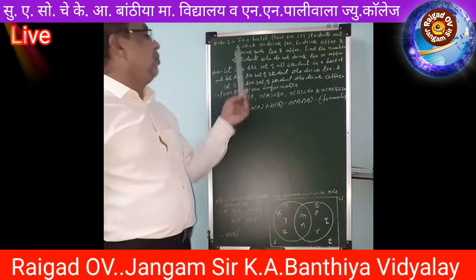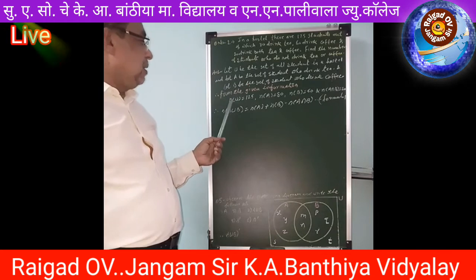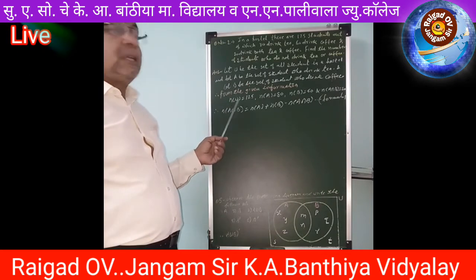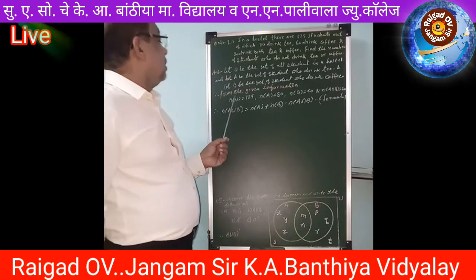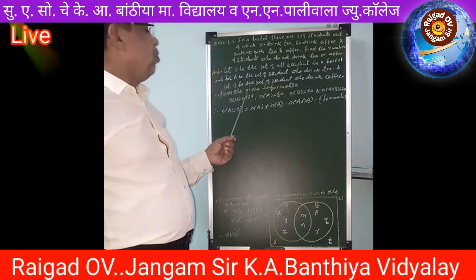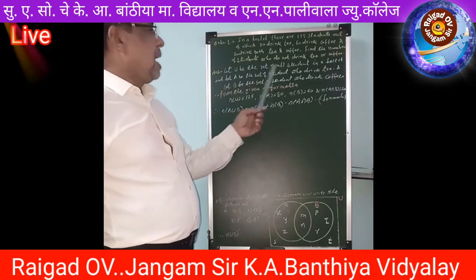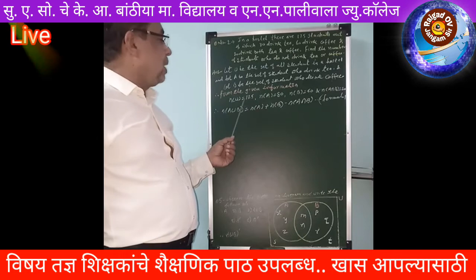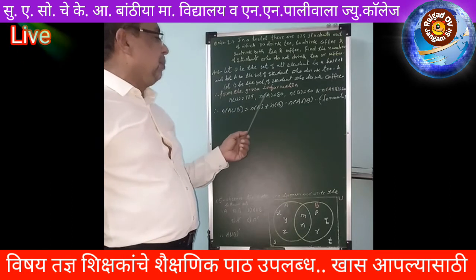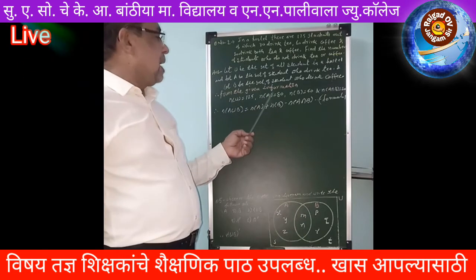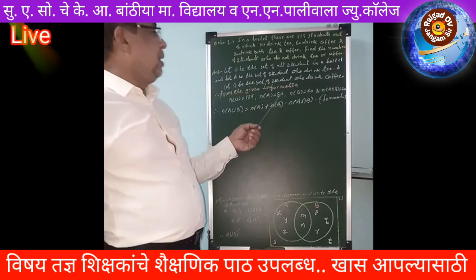Now from the given information you write like this: the number of elements in the set U. How many elements are there? There are a total of 125 students. How many students drink tea? 80.